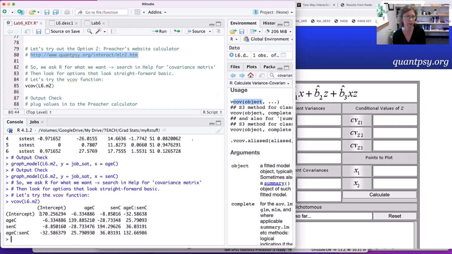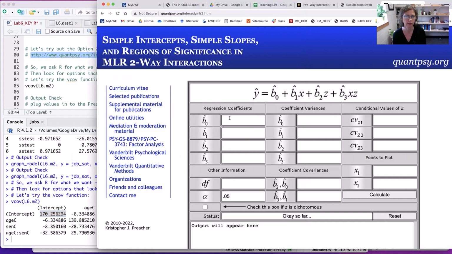So I want the intercept variance. When it's to itself, it's the variance. When it's across, like this is the intercept to age C, that's a covariance. So very similar to your correlation tables. So that's a variance for age C. No, variance for the intercept right there.